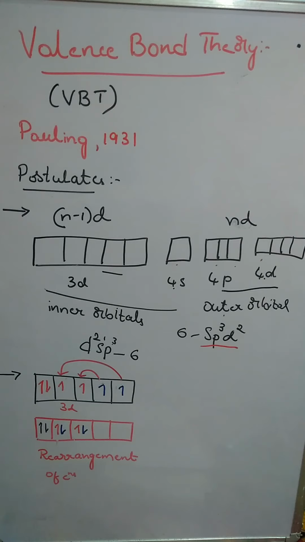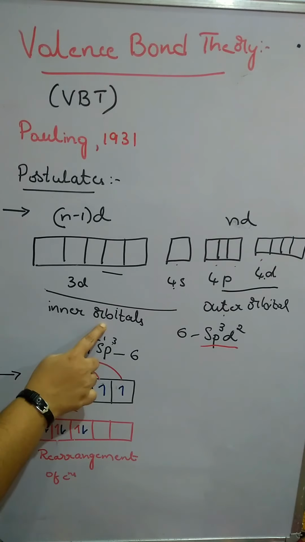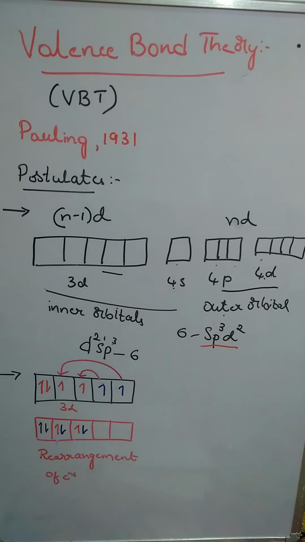I'll repeat once again. In hybridization, we know that the metal, while forming a coordinate bond, should undergo hybridization. During hybridization, it may involve inner d orbitals or it may take outer d orbitals also. If it is taking inner d orbitals, that is (n-1)d orbitals, then the complexes are called inner orbital complexes.